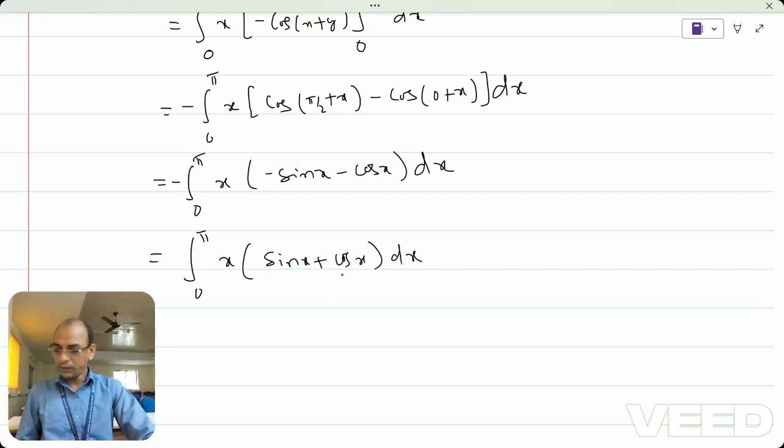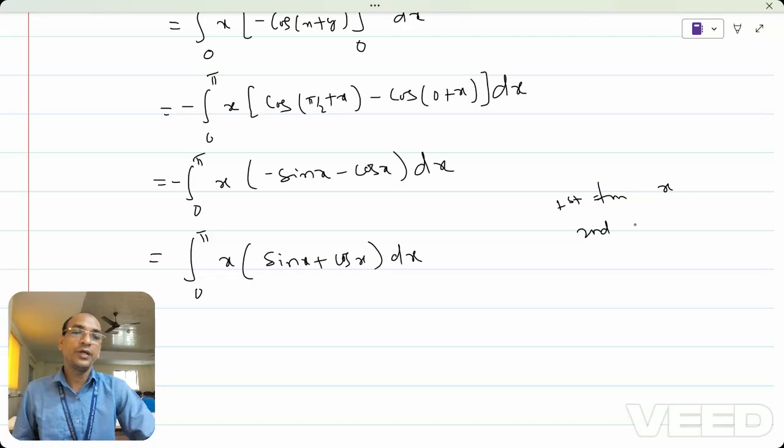Okay, now you can use the by parts method. Here the first function will be x, and the second function will be sin x plus cos x.